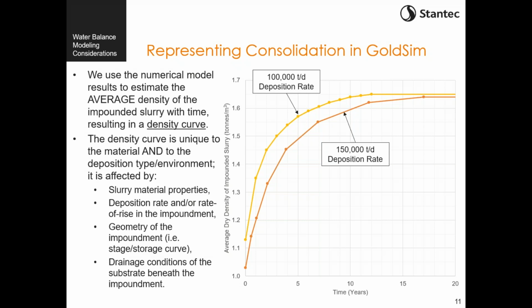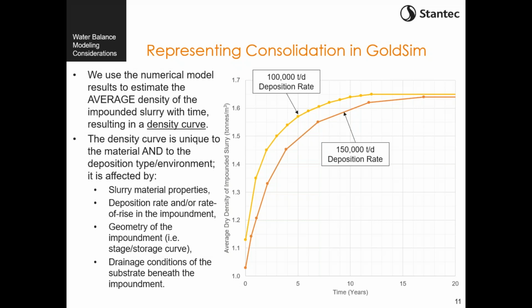You can see I've got two curves shown. One is for a deposition rate of about 100,000 tons per day, and one for a deposition rate of 150,000 tons per day. So you can see there's a noticeable difference here. The deposition rate is one thing that affects these curves, but also the impoundment geometry, and these other things that are listed here on the slide. Really, the key point is these curves are highly dependent on the deposition situation that you're looking at.